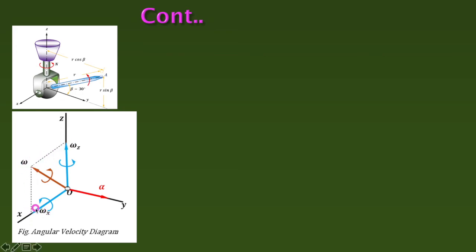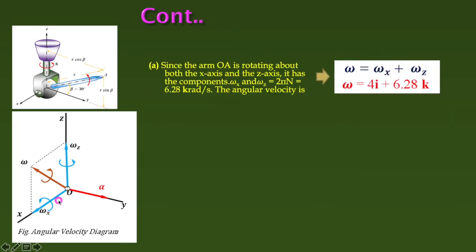Draw a parallelogram. This vector indicates magnitude and direction. Magnitude equals the length and direction is along z, and here magnitude is this length and direction is along x. So the resultant is omega, which is the diagonal of the parallelogram.